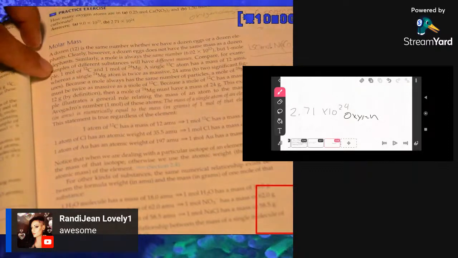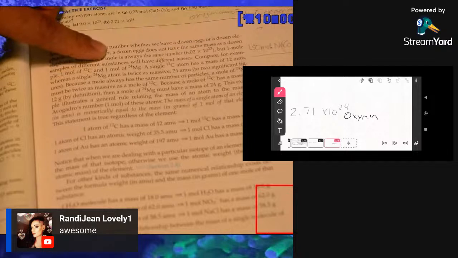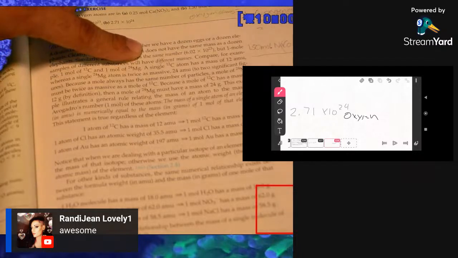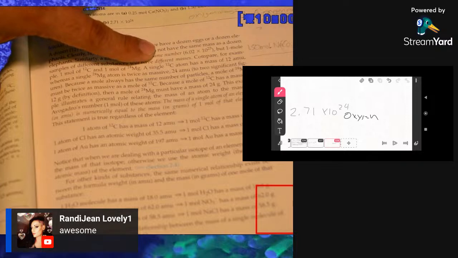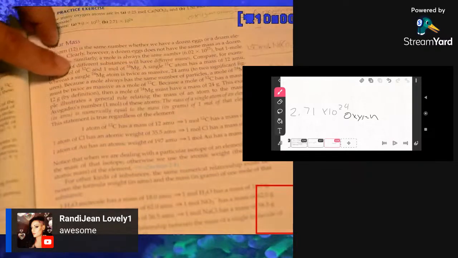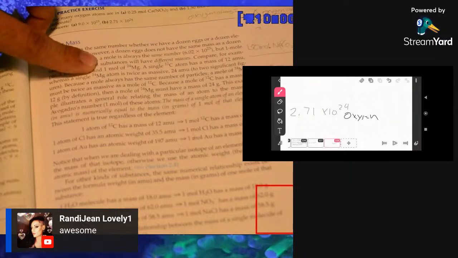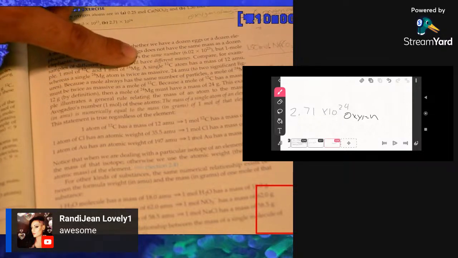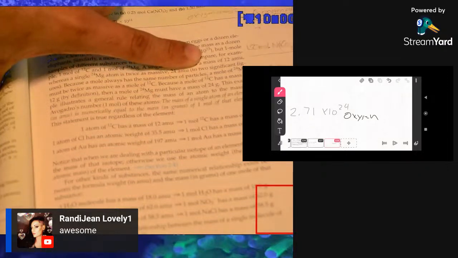Compare, for example, 1 mole of carbon-12 and 1 mole of magnesium-24. A single carbon-12 atom has a mass of 12 atomic mass units, whereas a single magnesium-24 atom is twice as massive, 24 atomic mass units.